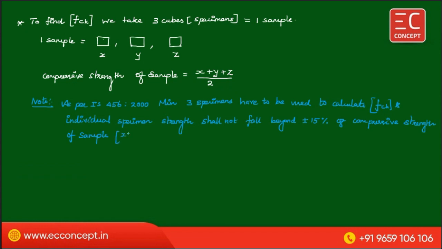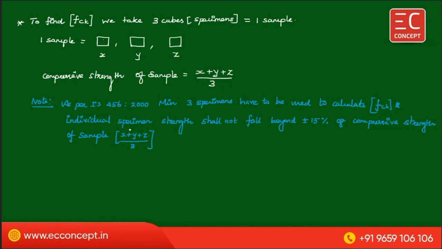That means X plus Y plus Z divided by 3. Actually this is also 3, not 2. This is actually 3. Average is 3, right? This shall be 3.